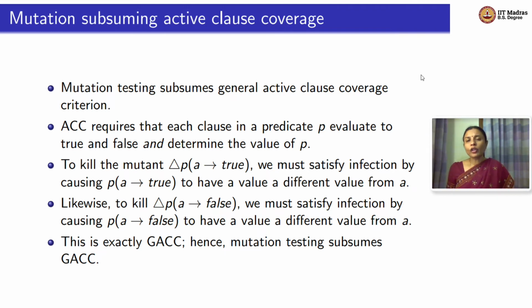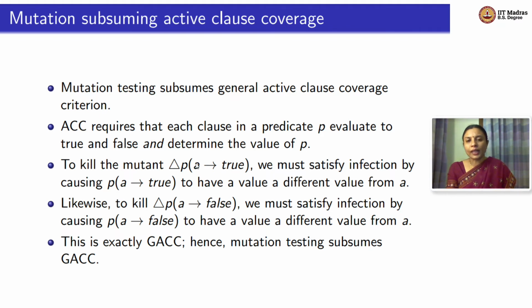And general active clause coverage doesn't put any restrictions on the values of the minor clauses. So it requires each clause in a predicate to evaluate to true once and determine the predicate, and each clause in the predicate to evaluate to false once and determine the predicate. So you create mutants of the predicate by taking the clause that you want to influence, the major clause, and substituting it with true, and then substituting it with false.